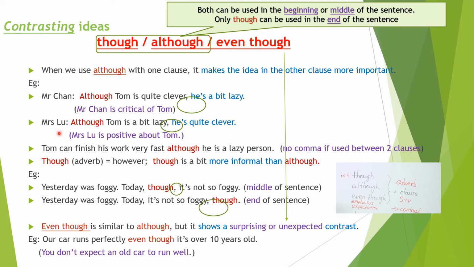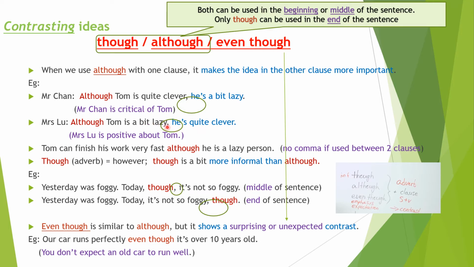Another example. Mrs. Liu says that although Tom is a bit lazy, he is quite clever. So she wants to emphasize that the other clause is more important. She wants to emphasize that he is quite clever, even though Tom is lazy.